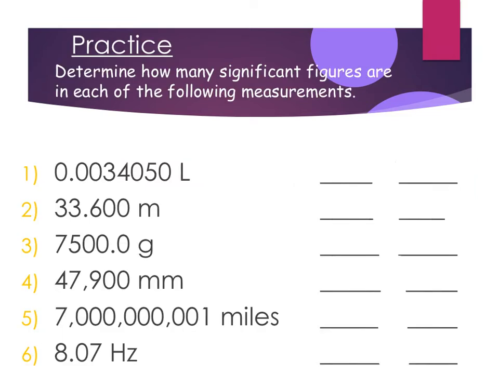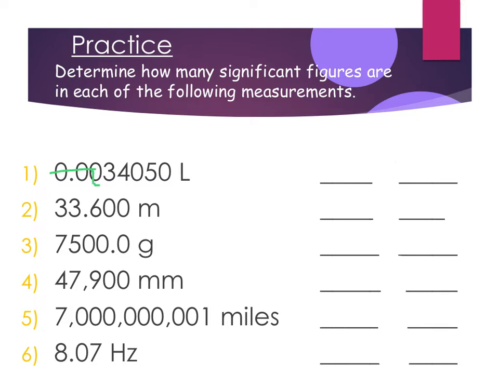Let's work a few more practice problems. I'll do the first 2 with you, and then you'll answer the next 4 on your own, then I'll go back over those answers. So starting with number 1. I do see a decimal, so I'm going to come from the Pacific side. The first non-zero number I reach is a 3.